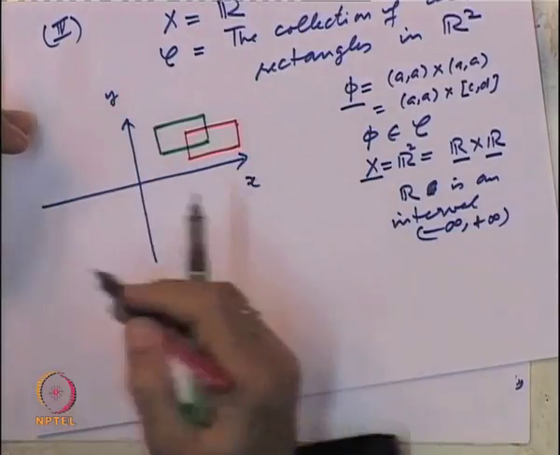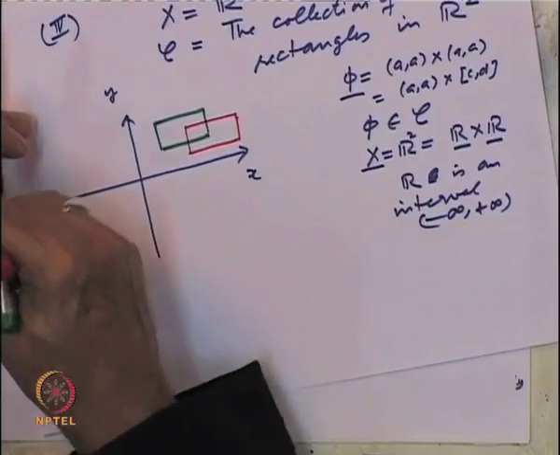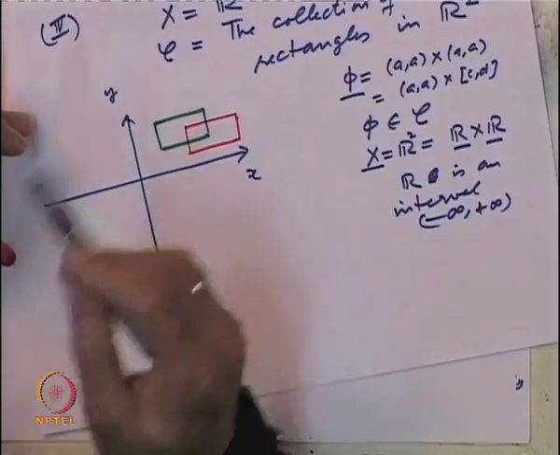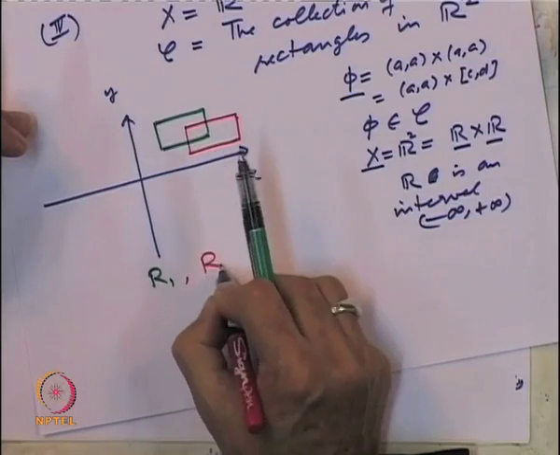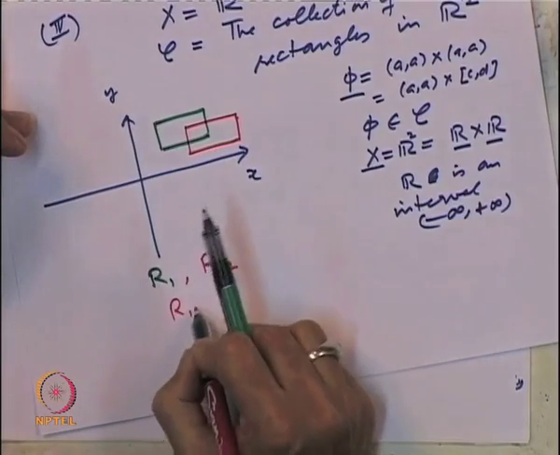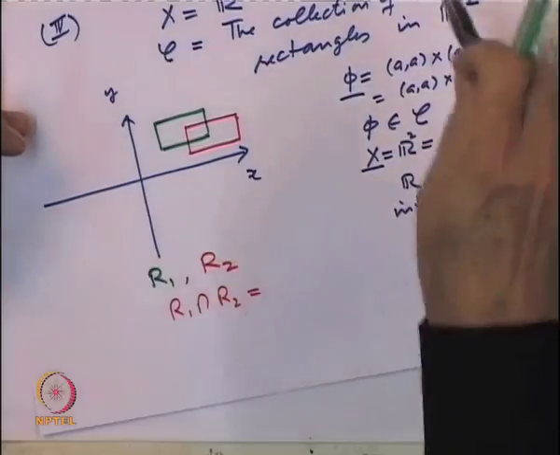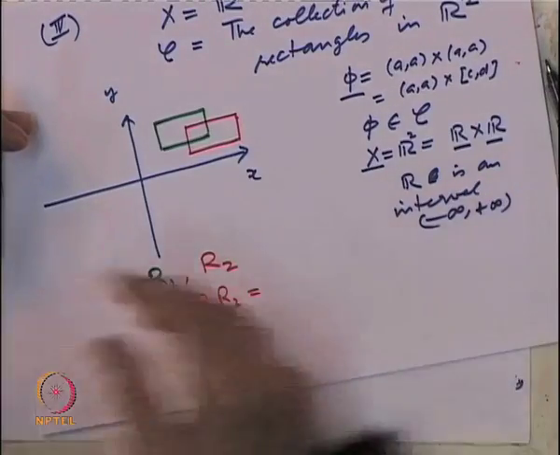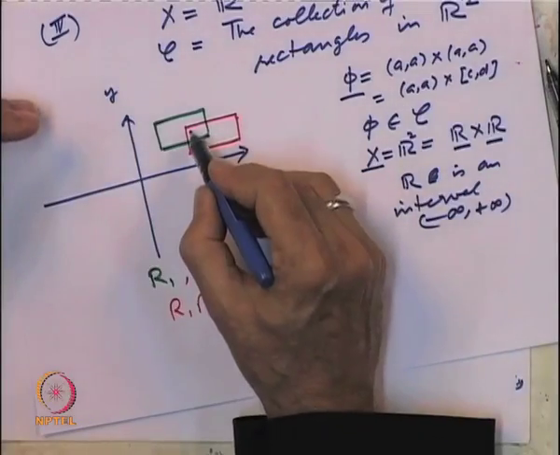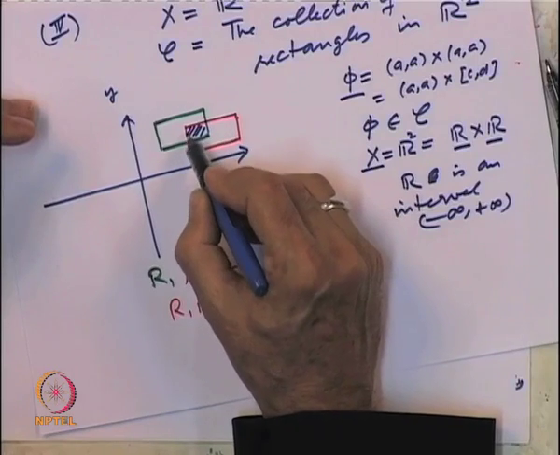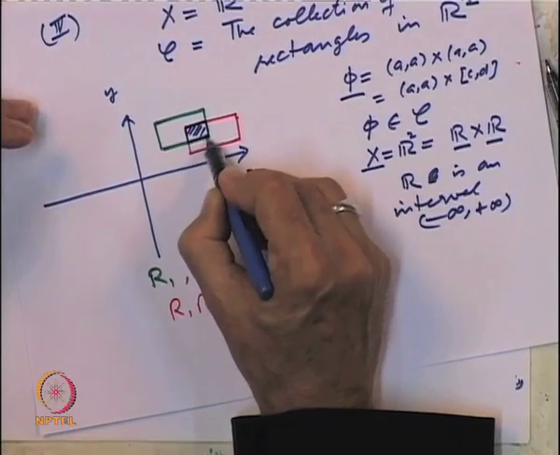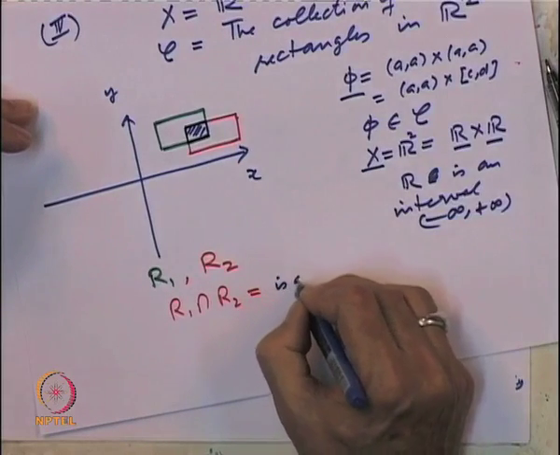We are taking two rectangles R 1 and R 2, and we want to check whether R 1 intersection R 2 is a rectangle or not. From the picture it is quite clear that R 1 intersection R 2 is this rectangle. So, it is a rectangle.